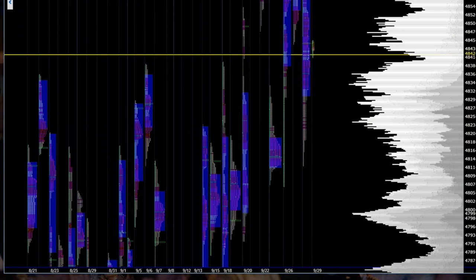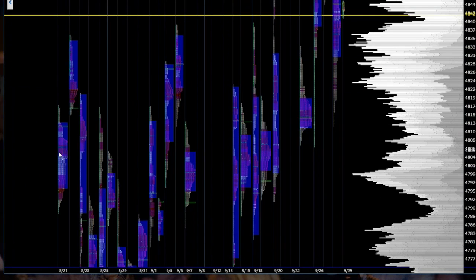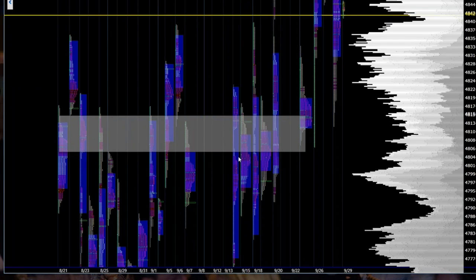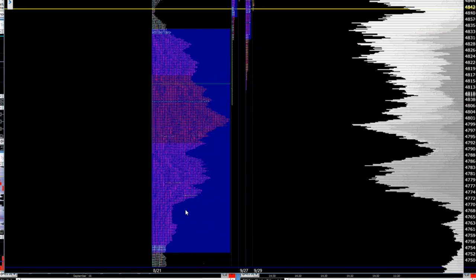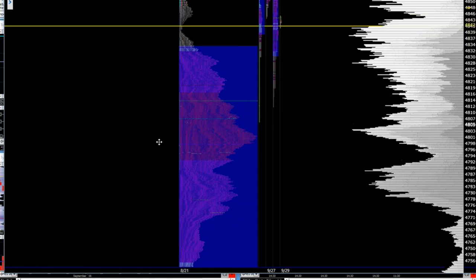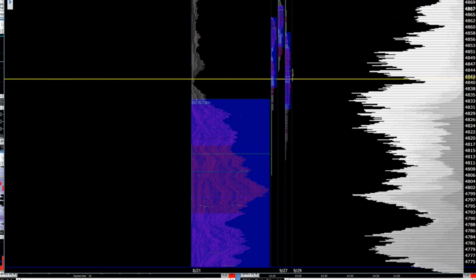But this is showing me, let's go here, let's go back. We're going to merge this. So I'm going to merge all of the trade back to August 22nd. Explain why here in a second. So this whole large composite shows all of the trade from all the way back to 8/22.